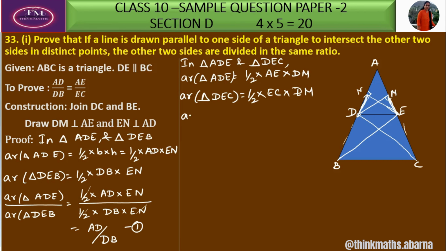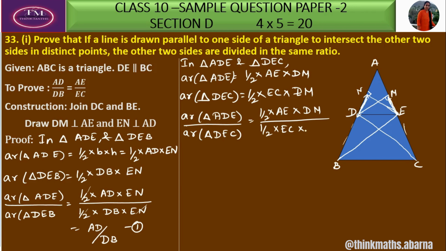Now, in the same way, we are going to divide area of triangle ADE by area of triangle DEC. So 1 by 2 into AE into DM divided by 1 by 2 into EC into DM. 1 by 2 gets cancelled, DM gets cancelled. So we will be getting AE by EC. So this is the second equation.